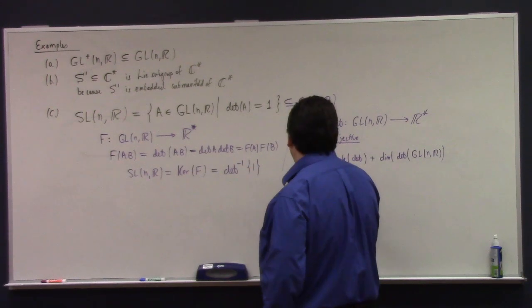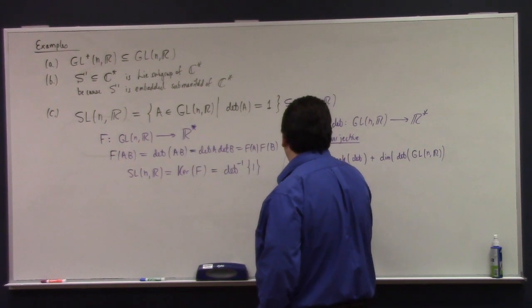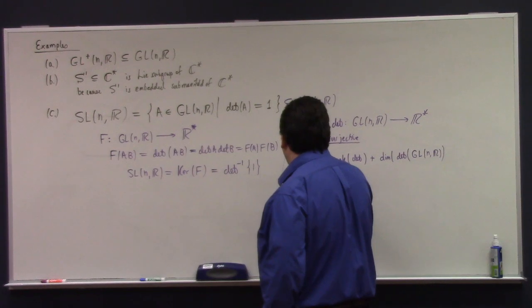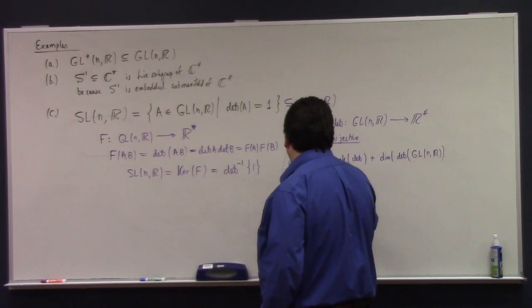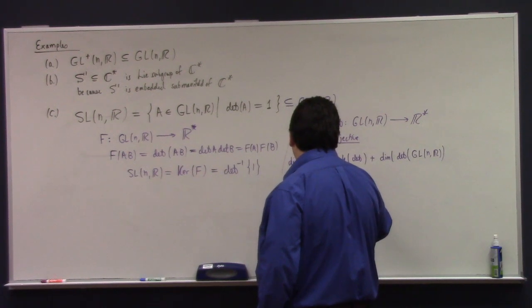What's the dimension of GL_n? Well, the dimension of GL_n is n squared. So we have n squared is equal to the rank of the determinant, which we don't know.